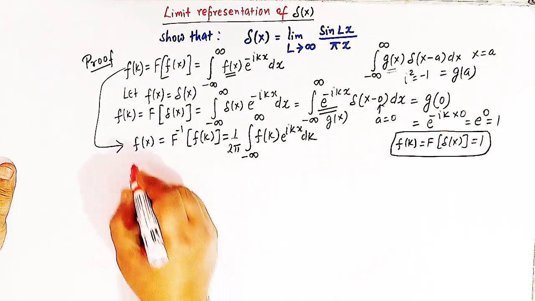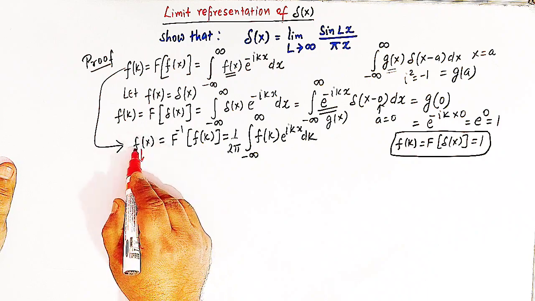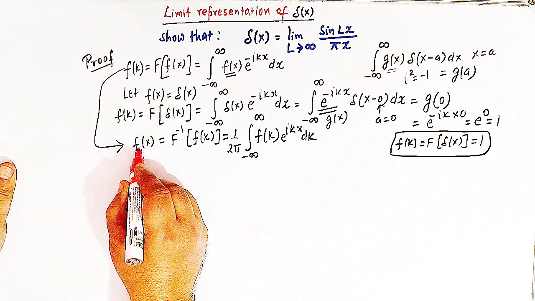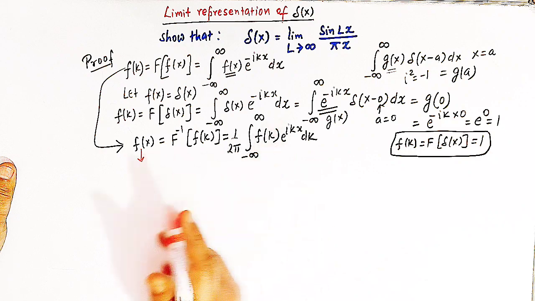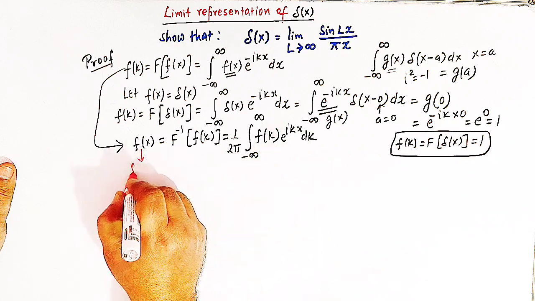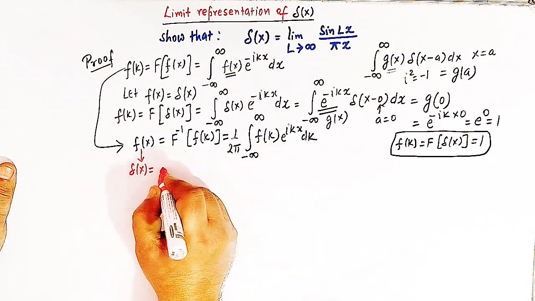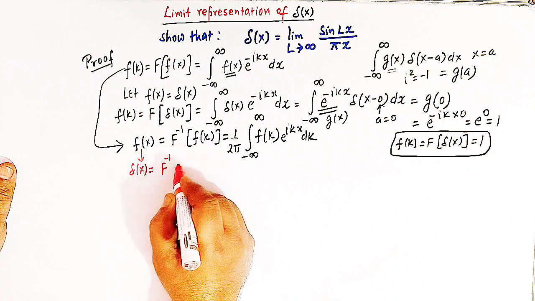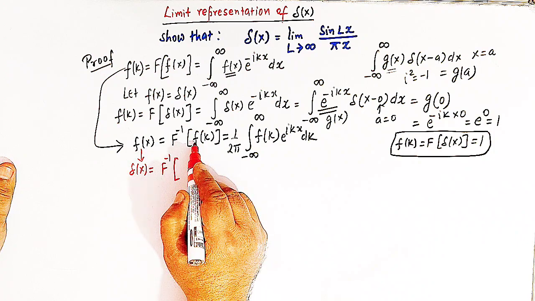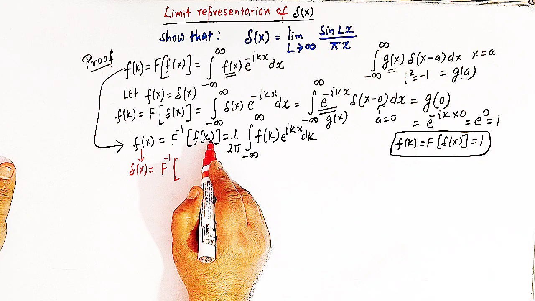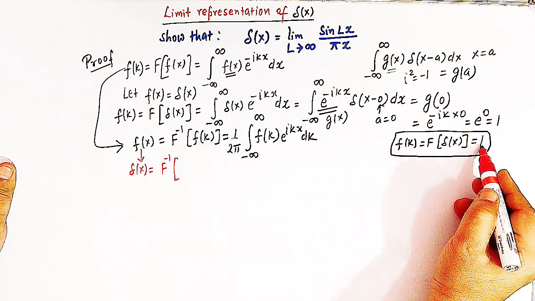So now let us replace this f(x) by delta(x), right? So in this expression, we'll take f(x) as delta(x). Then we have the inverse transform of F(k), right? And F(k) is equal to 1.